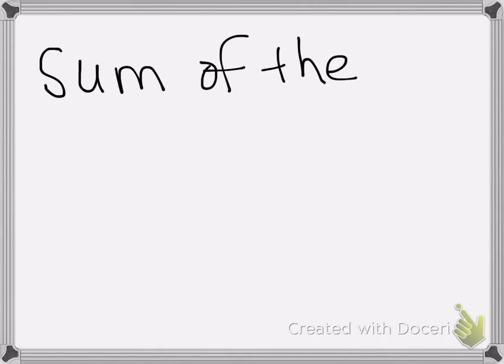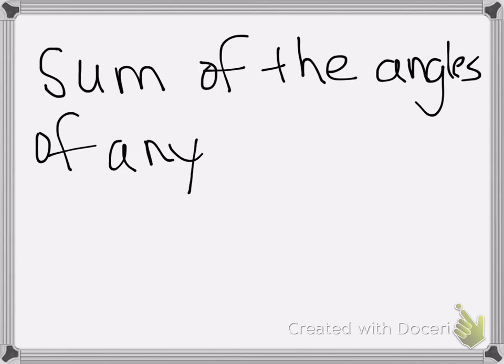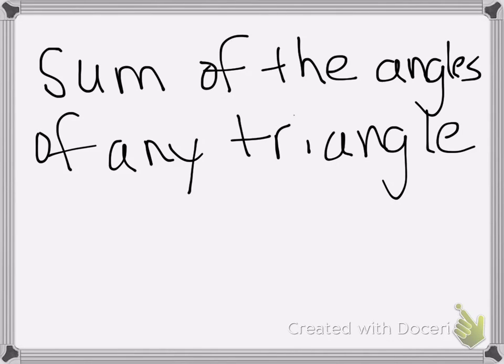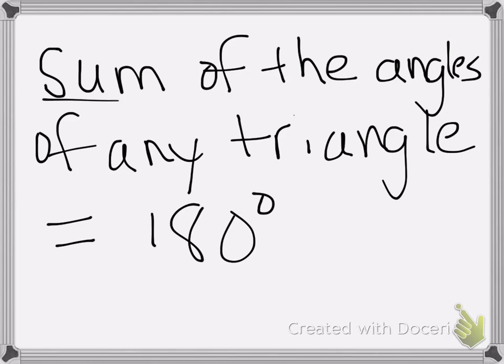The other thing it tells you is every triangle has 3 angles, which we saw in the picture just a minute ago, but it also tells you that the sum of the angles of any triangle equals 180 degrees. Remember, sum means what you get when you add.